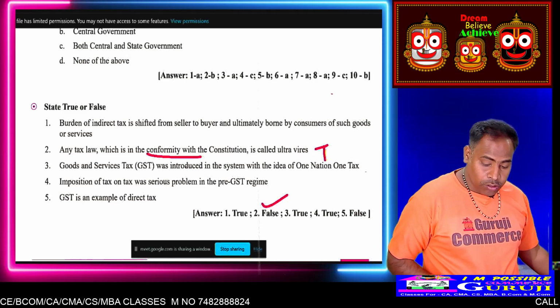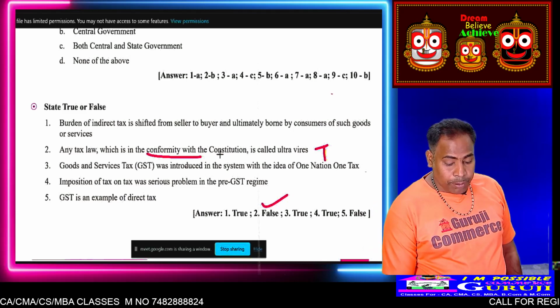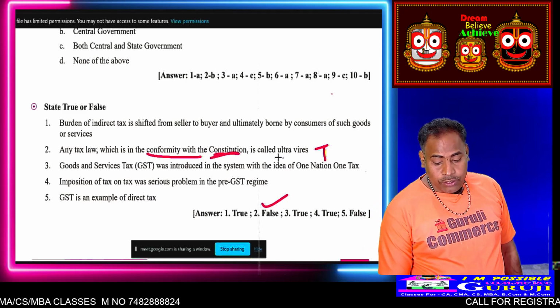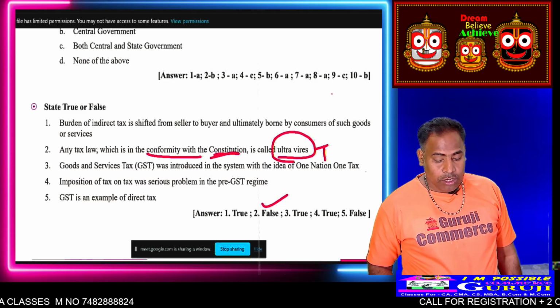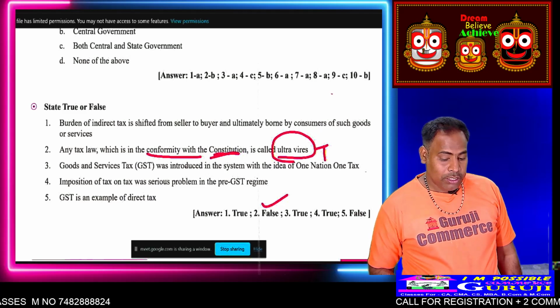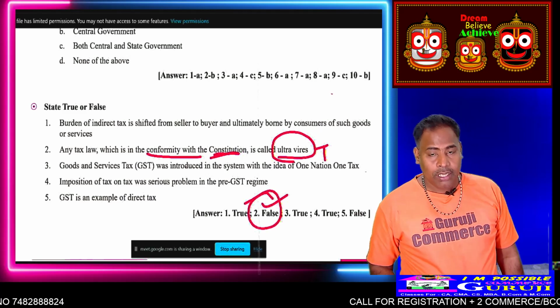Any tax which is in conformity with the constitution is called ultra vires. It should be true, but it is showing false in the answer.